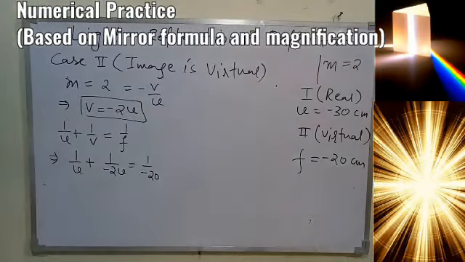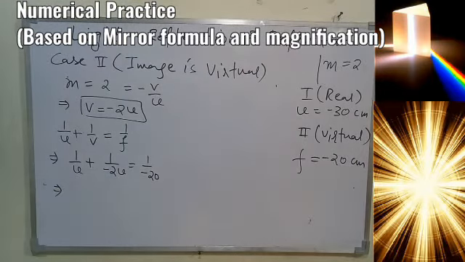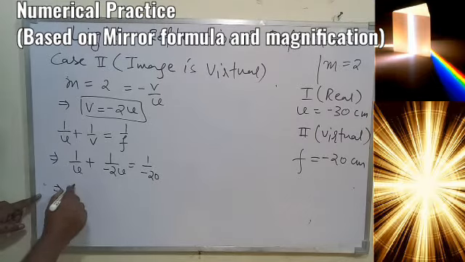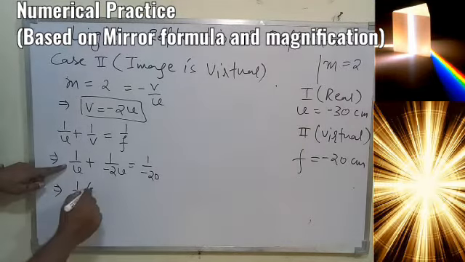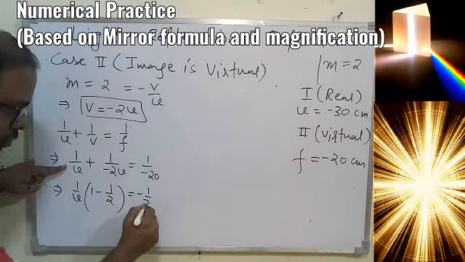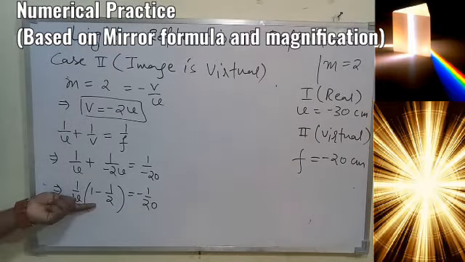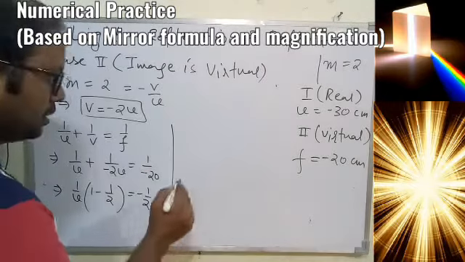In both the cases we have to take it, as the focal length is given as 20 centimeter. Solve it. So this will be plus minus minus. If I take 1 by u common, this will become 1 plus minus minus 1 upon 2 is equal to minus 1 upon 20. 1 by u common, 1 left, plus minus minus, and 1 by 2 is left. Solve it and get the answer.